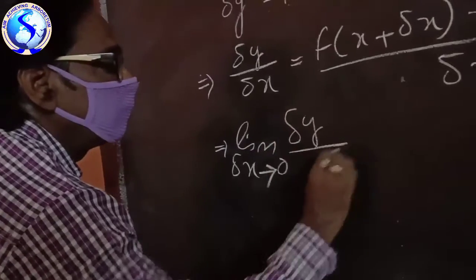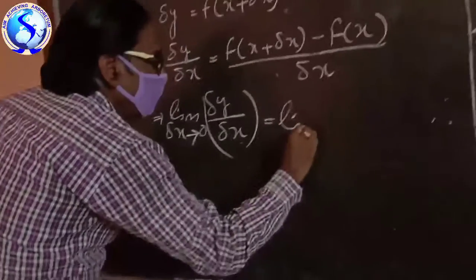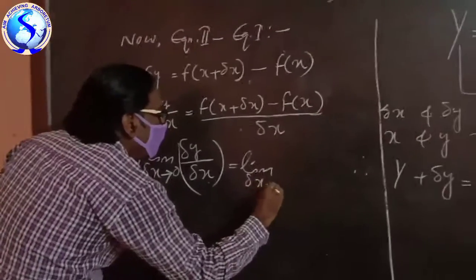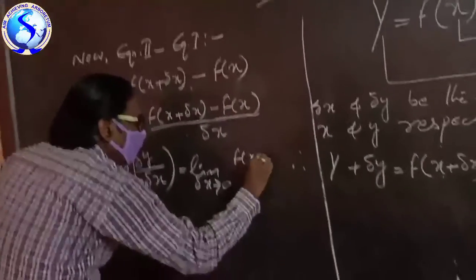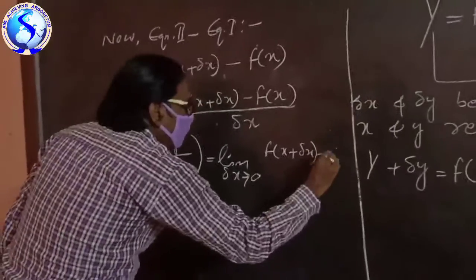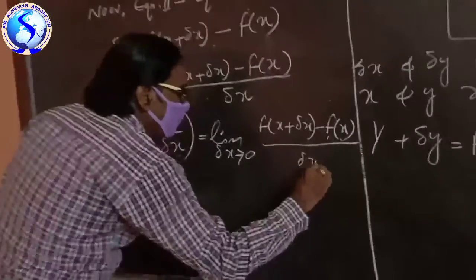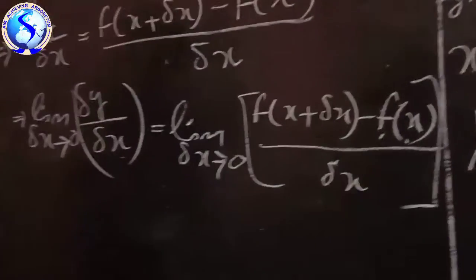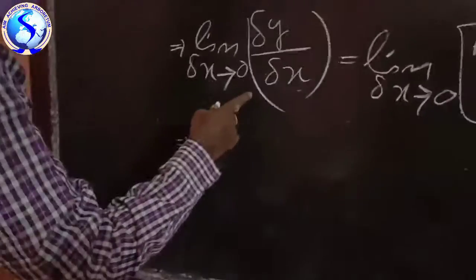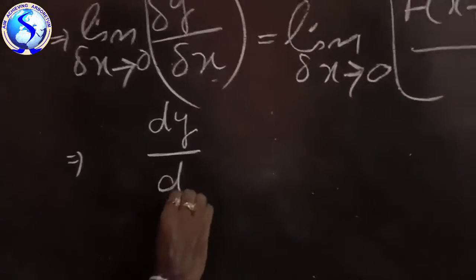Delta y by delta x will be limit delta x tends to 0, f of x plus delta x minus f of x divided by delta x. Taking limit both sides.